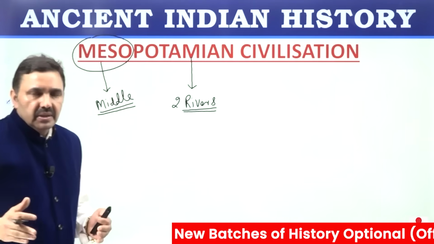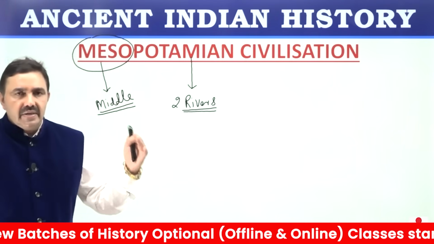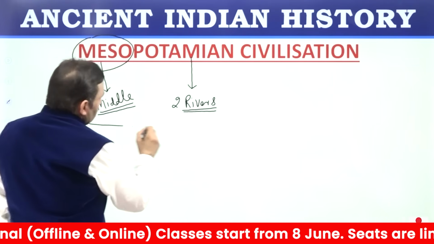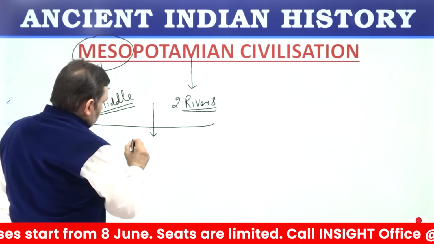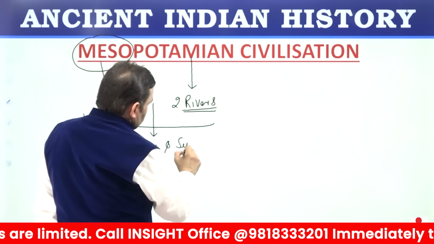These rivers were river Tigris and river Euphrates. Tigris and Euphrates rivers are in Iraq. So this civilization was in today's Iraq and Syria regions.